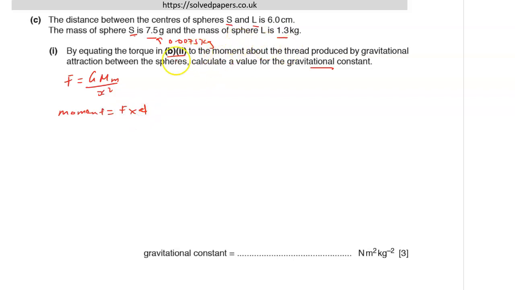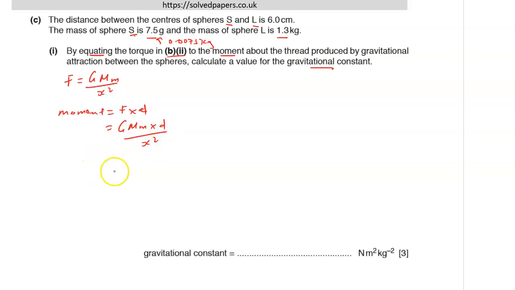So we are equating the torque in B part 2 and the moment about the thread produced by gravitational attraction. If we substitute the value of F here, then we'll get GMm times d upon x squared.